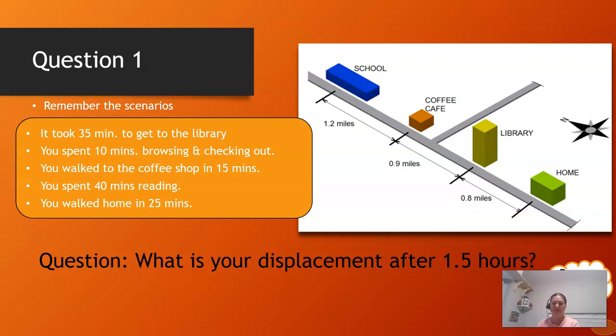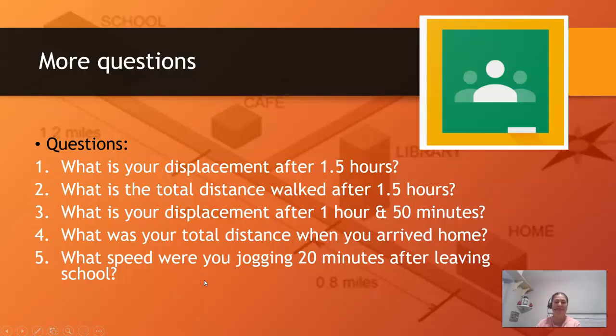Remember to pause the video and work out the question. For more questions, you can look in Google Classroom. This is where your assignment is located, that first question plus these. You want to figure out your displacement after 1.5 hours. You want to know the total distance walked after 1.5 hours.